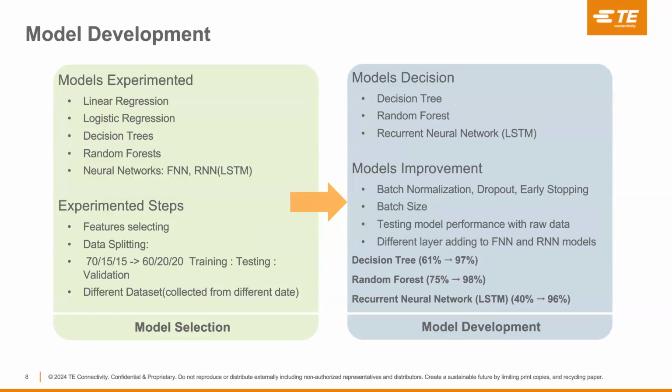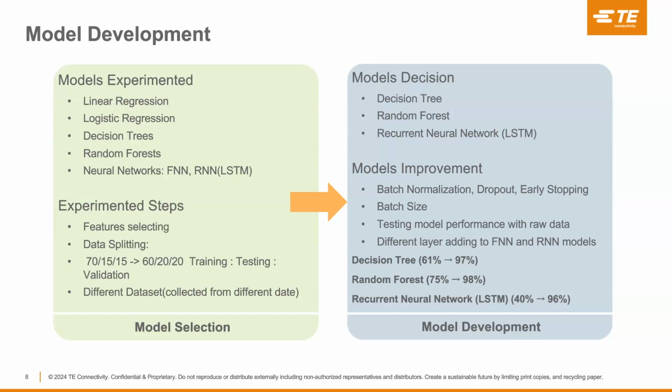From the experiment step, we do feature selection, which means we select the important features, and then do data splitting into training, testing, and validation, and then we have tried many datasets from the data given from our mentor. Overall, we decided to choose three models. With these models, we have the highest accuracy: decision tree, random forest, and RNN.